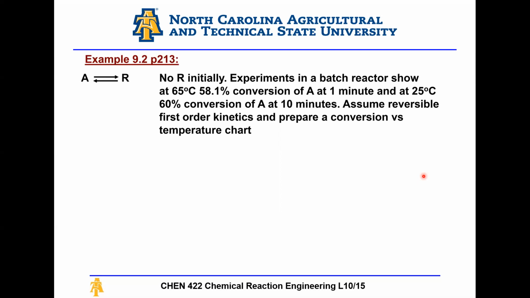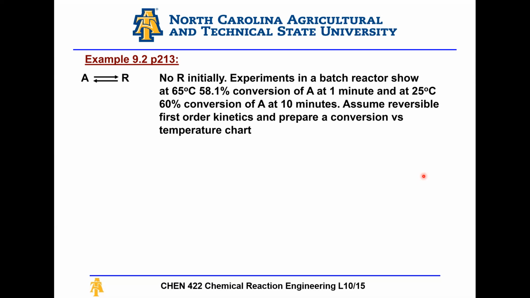Initially, I don't have any R. You're given some information from experiments in a batch reactor: at 65 Celsius, 58% of A is converted at 1 minute, and at 25 Celsius, 60% of A is converted at 10 minutes. You're told to assume reversible first order kinetics and build a conversion versus temperature chart.